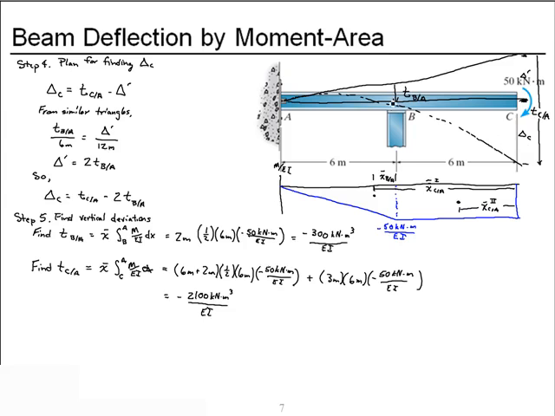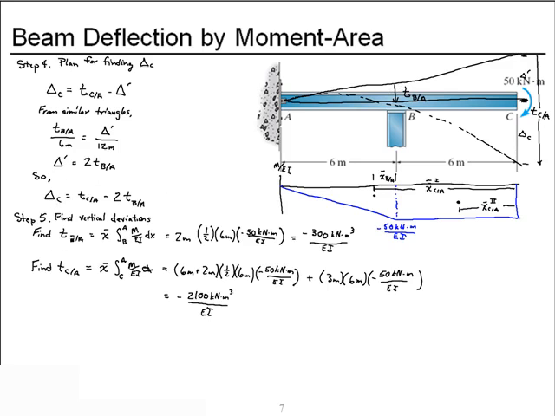And if we calculate the vertical deviation at B from the tangent coming off of A, we can get this piece from similar triangles once we know this one. So we came up with our plan for predicting the vertical deflection at C.